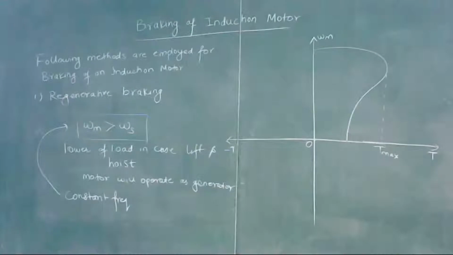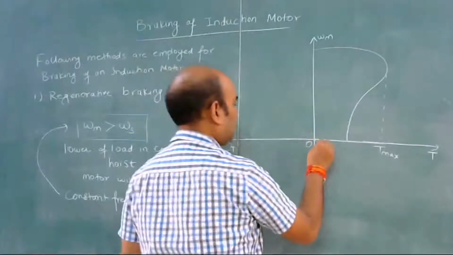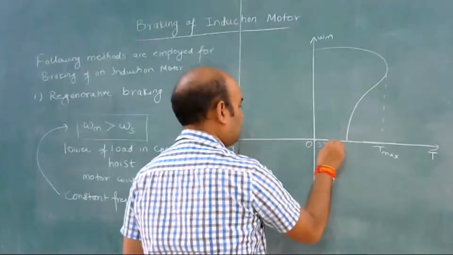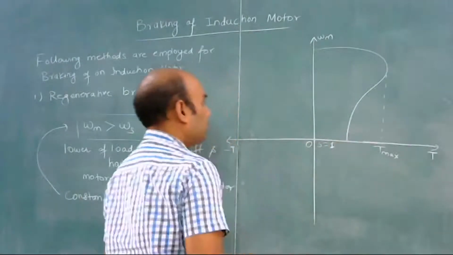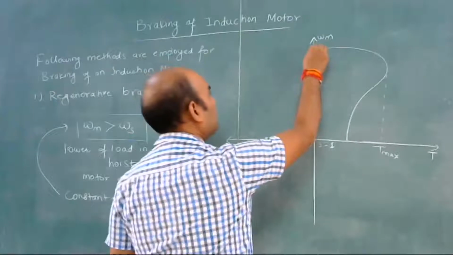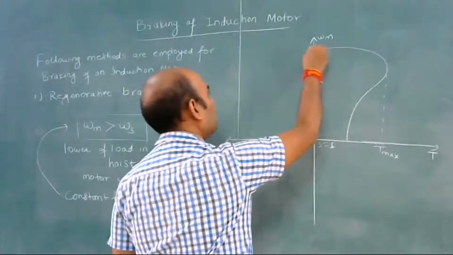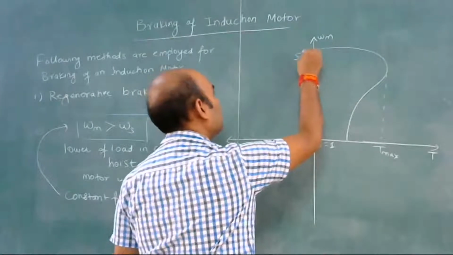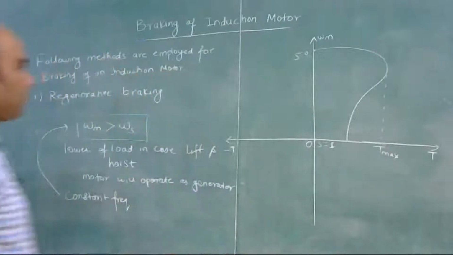At the time of starting, slip is equal to 1, and when the rotor speed is equal to synchronous speed, slip is equal to 0.